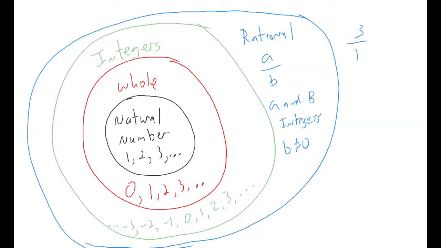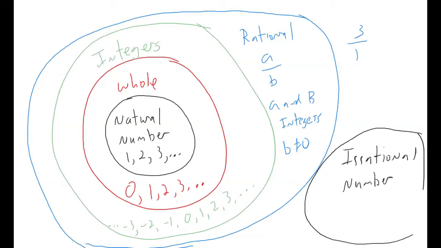And then we have the oddball on the outside, which is called an irrational number. All right, and irrational numbers are numbers that don't fit into any of those categories, right?